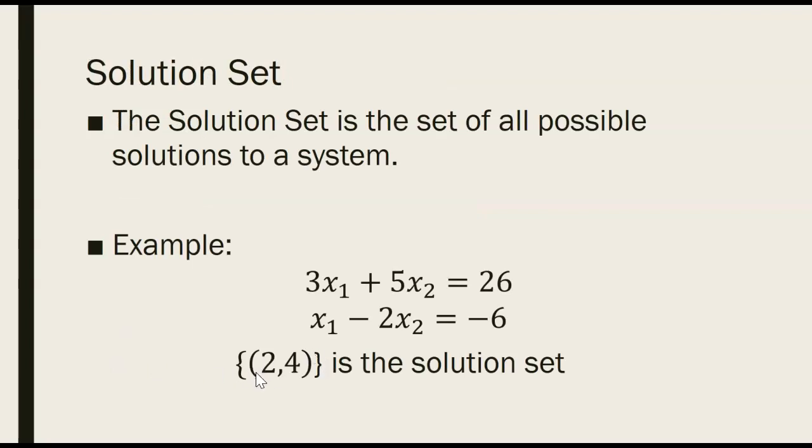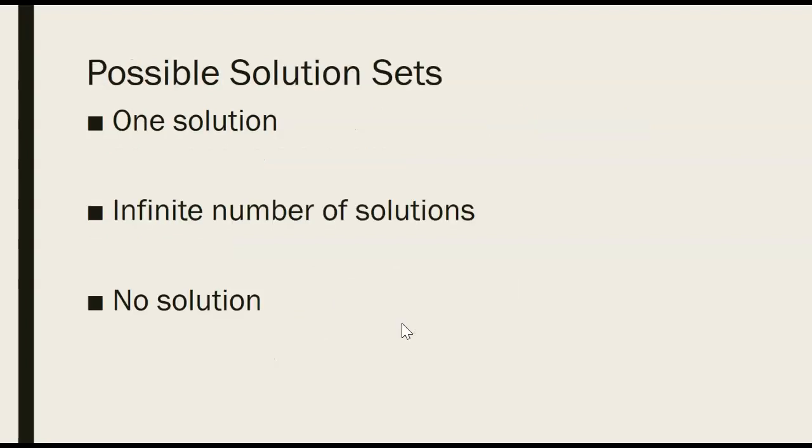This ordered pair was the only pair that made this system of equations work. So that's what's going to happen a lot of the time. Probably if you were in a basic algebra class, the vast majority of times when you solved a system of equations, you wound up with one solution.